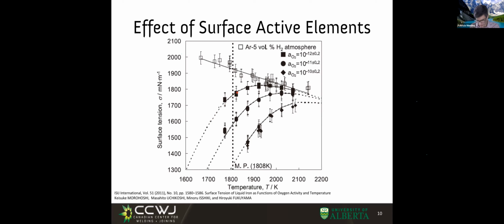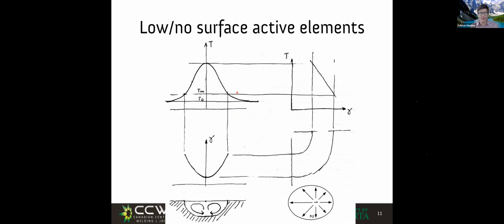So what? All right, this is what happens. Let's see here at the bottom a weld pool. And in this weld pool, we would have this distribution of temperature, right? This distribution of temperature comes from the equations we have discussed, the Rosenthal equations. And let's say that we have a metal that is pure, no surface active elements.